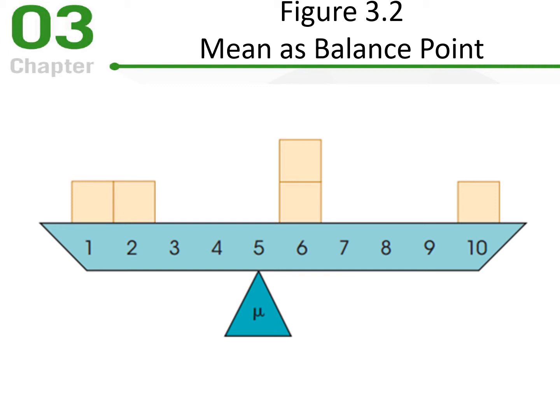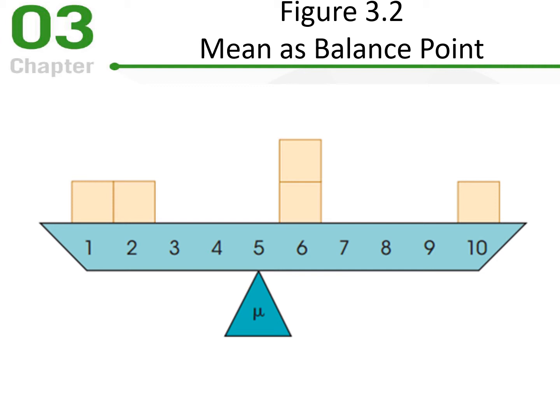There's 2 of those people, so that's plus 2. And the person that scored 10 is 5 greater than 5, so that's plus 5. So plus 2 and plus 5 is plus 7. Then the person that scored 2 is minus 3, and the person that scored 1 is minus 4. When you add up all those numbers, you get 0, right?